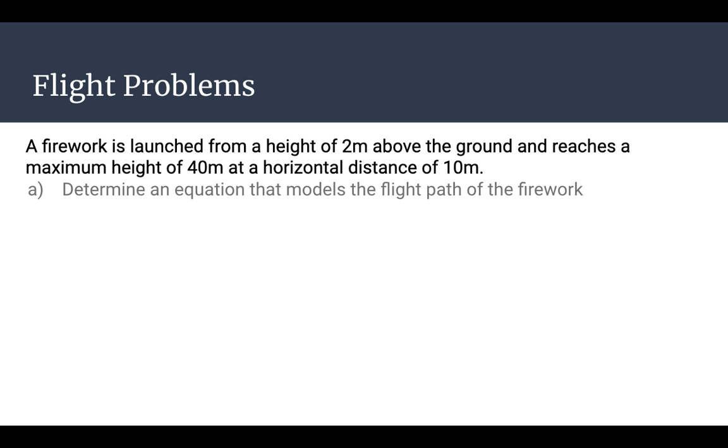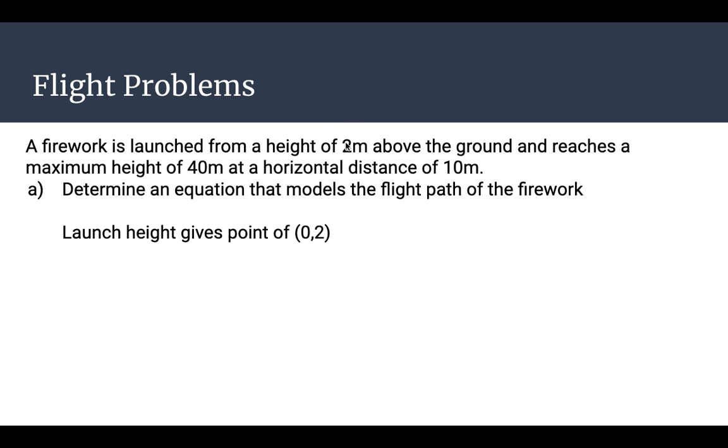So we're going to determine the equation, and we're going to take a look at some of the information that we're given. So the first thing, the launch height, it gives us a height, so that's our y value. You could think of height as along the y-axis, and horizontal distance will be along the x-axis.